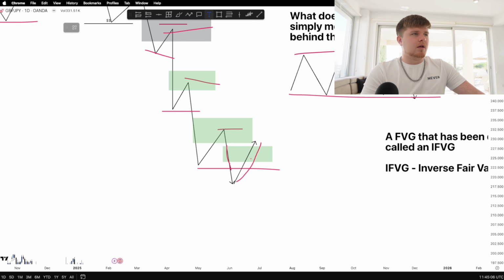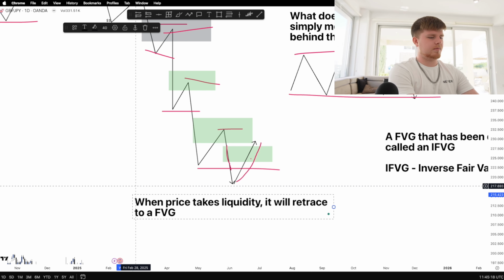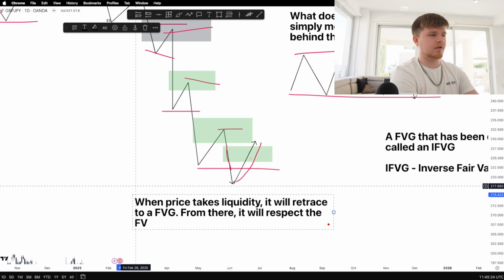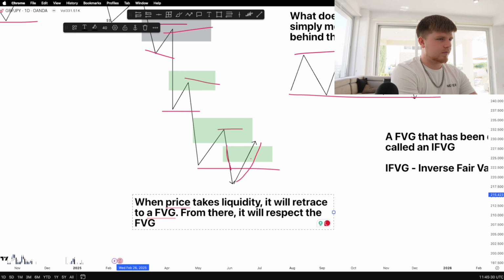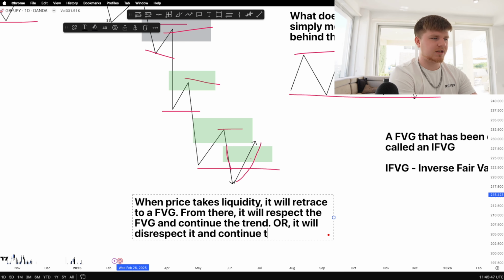So, and this is ERL and IRL. When price takes liquidity, it will retrace to a fair value gap. From there, it will either respect the fair value gap, which is just coming into it and bouncing off of it and continuing the trend like we did over here and here, or it will disrespect it, which is a close behind it, and continue in the opposite direction.